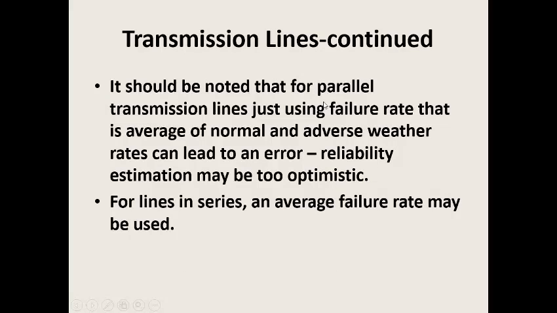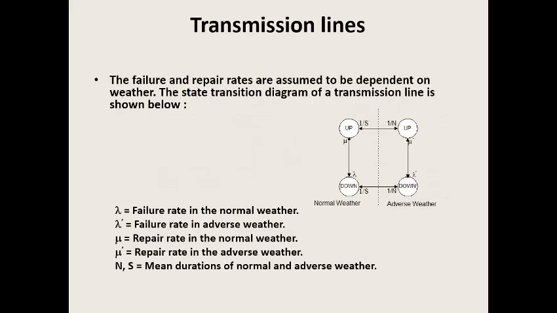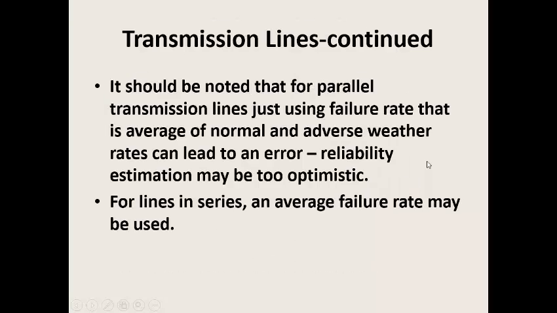It should be noted that when the transmission lines are in parallel, then you cannot just use an average failure rate. If the lines are in series, then you can use an average failure rate. But if the lines are in parallel, then if you use the average failure rate, your reliability evaluation will be too optimistic.